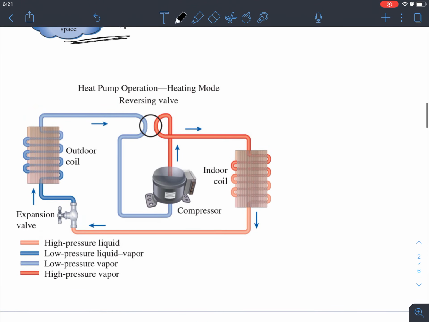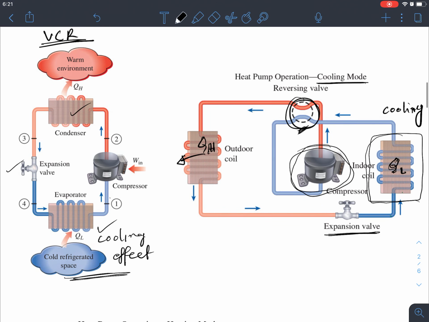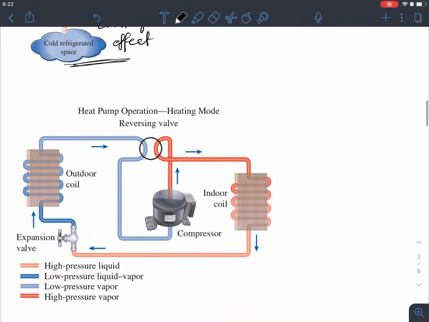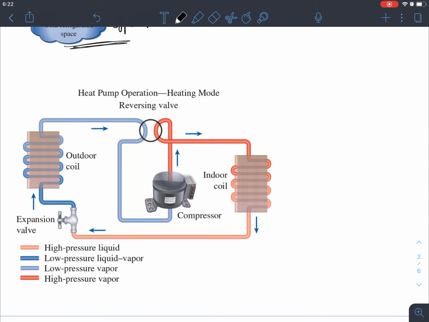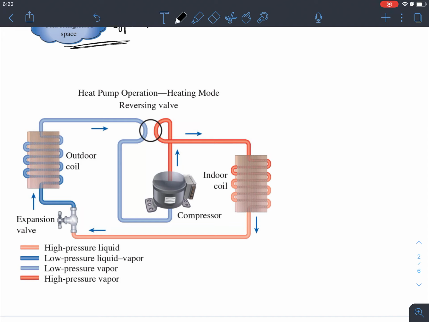If you look between these two, from the compressor to the condenser. However, if we change the flow direction, the compressor goes, instead of to the condenser, to the evaporator.